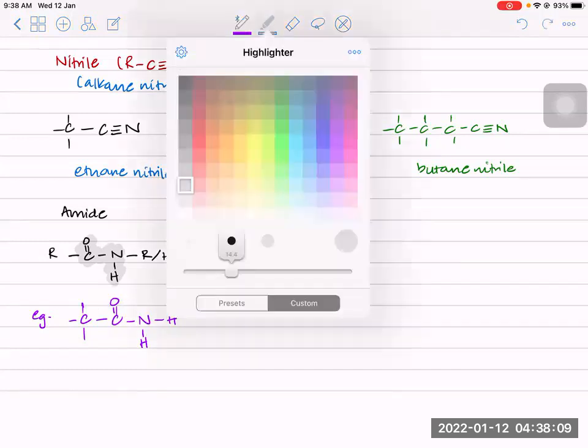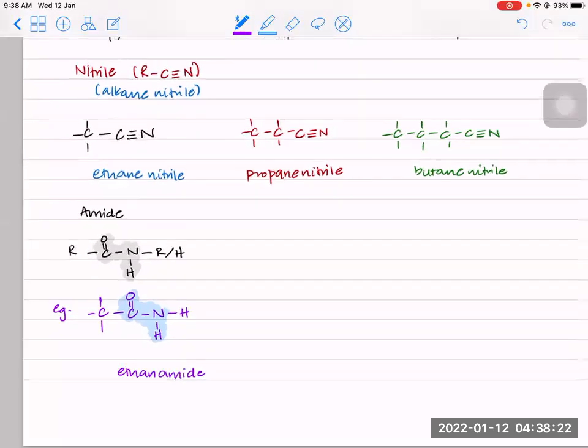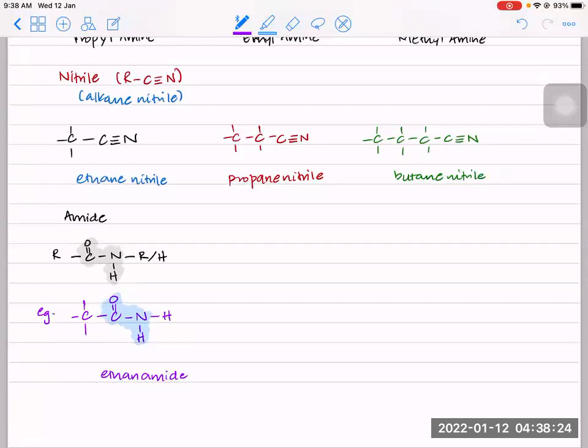It's an amide because it has this amide linkage. And then it's a 2-carbon amide. So this is called what? Ethanamide. Right? So this right here is ethanamide. So you don't name amides as alkane or alkyl amides. You name them as what? Technically alkanamide. Yeah? Do you see it's ethanamide?